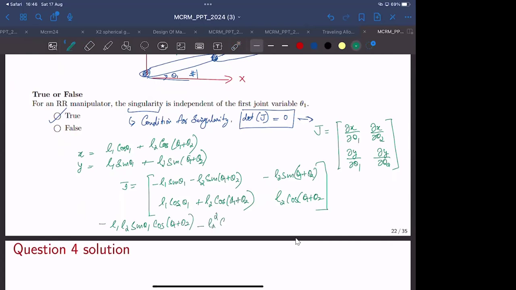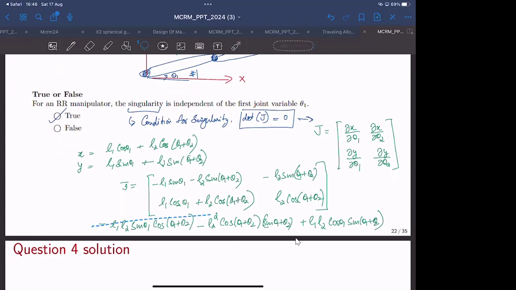Minus L2 square cos(theta 1 plus theta 2) sine(theta 1 plus theta 2). Then these two terms minus these two terms, but we already have a minus over here. So that makes it plus L1 L2 cos theta 1 sine(theta 1 plus theta 2).